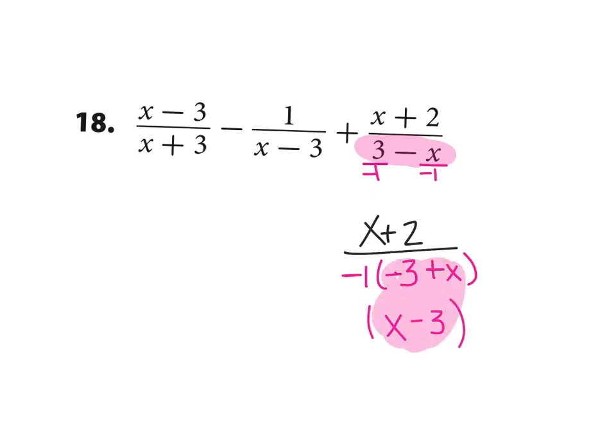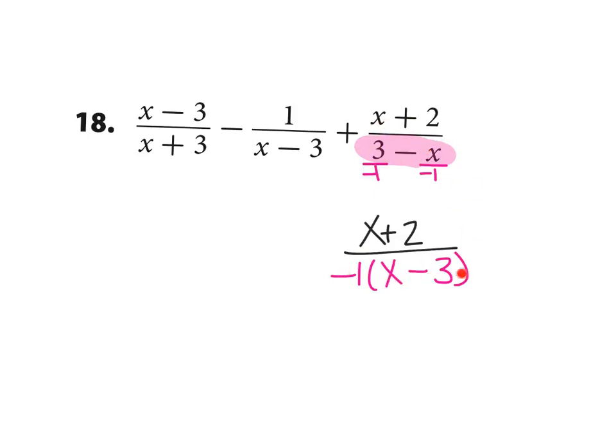So what I'm going to do is write this denominator as -1 times x minus 3. And if you're not sure, you can do the math and verify that if you were to multiply -1 times x, you would get -x, and -1 times -3 is +3.